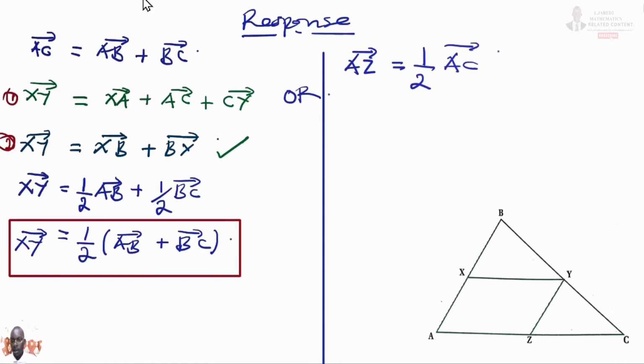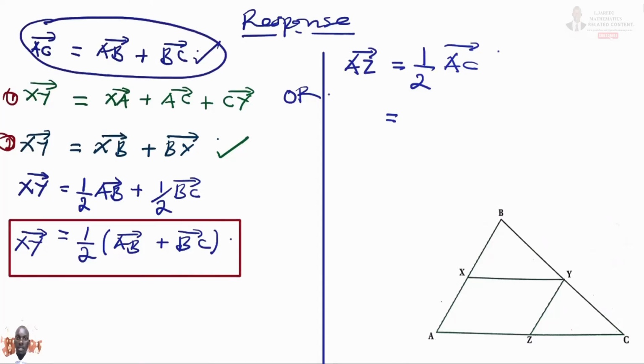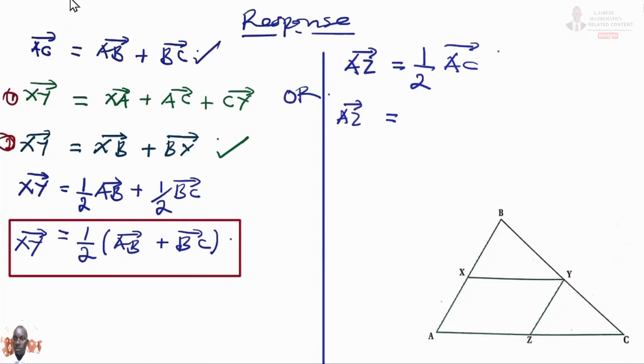We are saying a half vector AC because they say that the points X, Y, Z are the midpoints of these lines of the triangle. But now vector AC is here, as we can see in here. So let us substitute it in that expression. It means that vector AZ equals a half of our vector AC, which is the same as a half of vector AB plus vector BC.